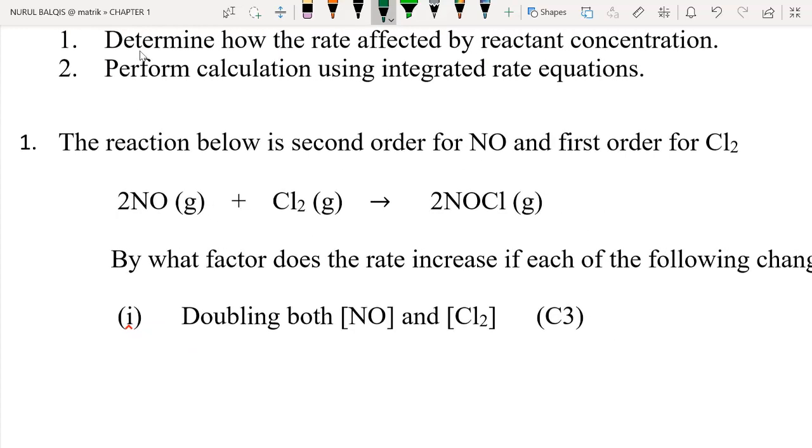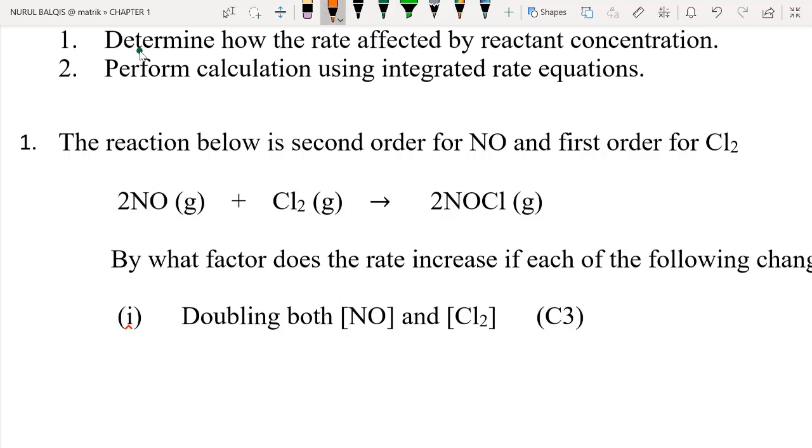Now, look at the first question. The reaction below is second order for NO and first order for Cl2. So it already tells you the order of reaction. Recall again that the order of reaction cannot be determined from the chemical equation. They will either tell you the order, or they tell you the unit of the rate constant. That's how you know what kind of reaction this is.